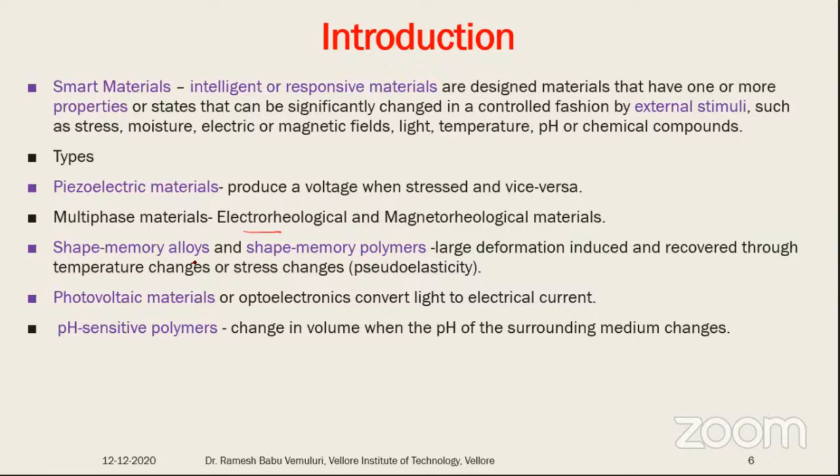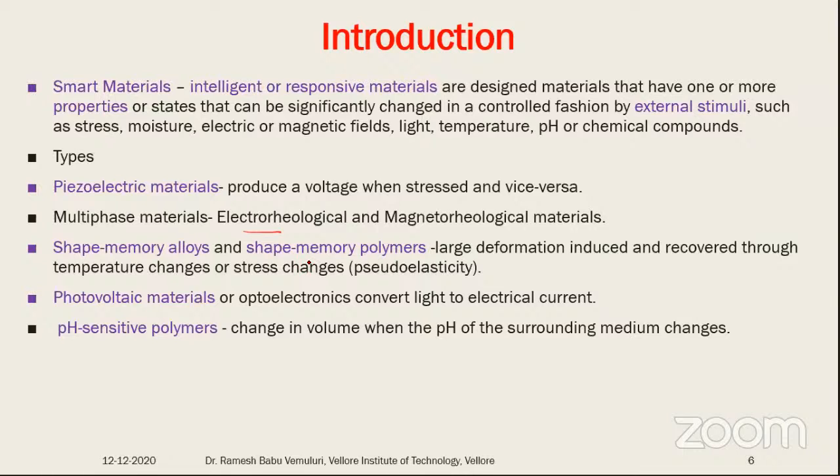Here shape memory alloys are there, and shape memory polymers are there. They majorly work on large deformation induced through temperature changes or stress changes. So they can remember their shape, and it can again alter its shape. That's the major point of the shape memory alloys.